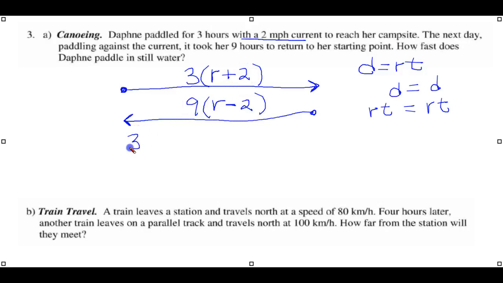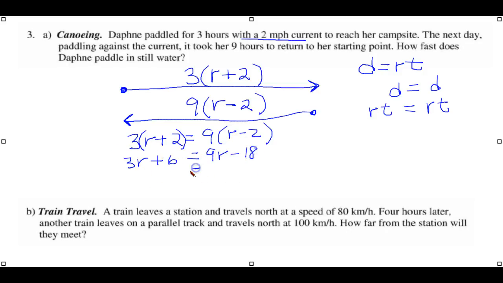And we then get 3 times R plus 2 equals, I'm going to put this in parentheses, 9 times R minus 2. And again, it's important that it's in parentheses. So let's just do this one. So this is 3R plus 6 equals 9R minus 18.